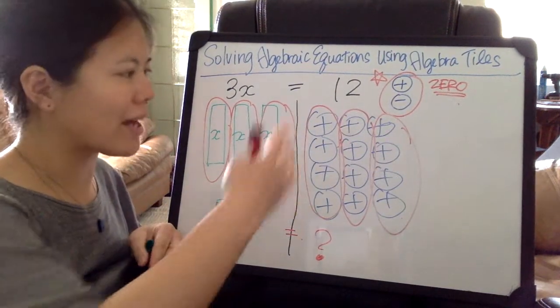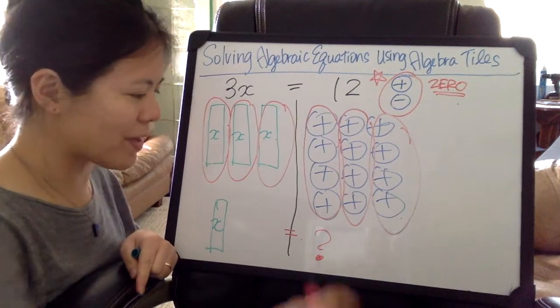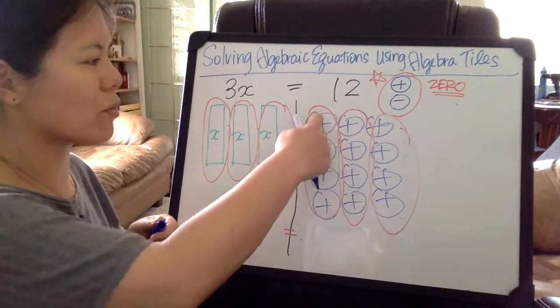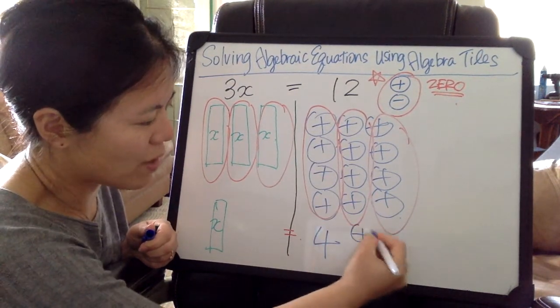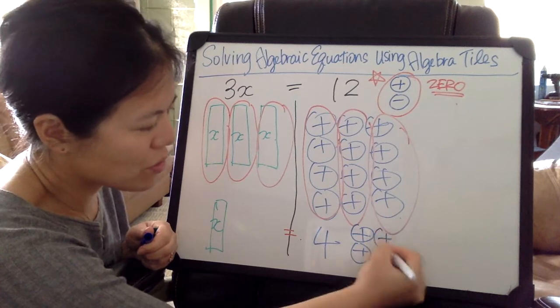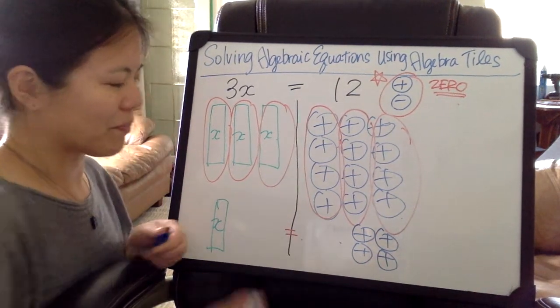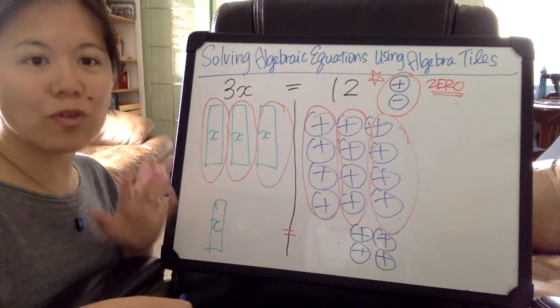I can divide this into 3 equal parts as well. So on this side, what do I have? I have 1, 2, 3, 4. I have 4. So I know that the answer to this question is x equals 4.